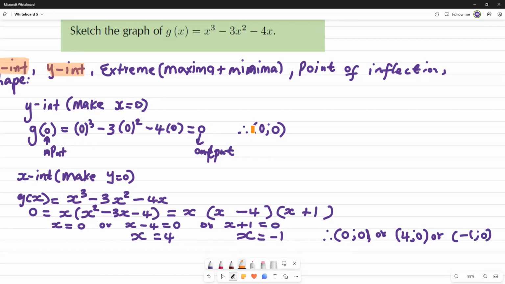Let's highlight the points because we're going to use them when we sketch.